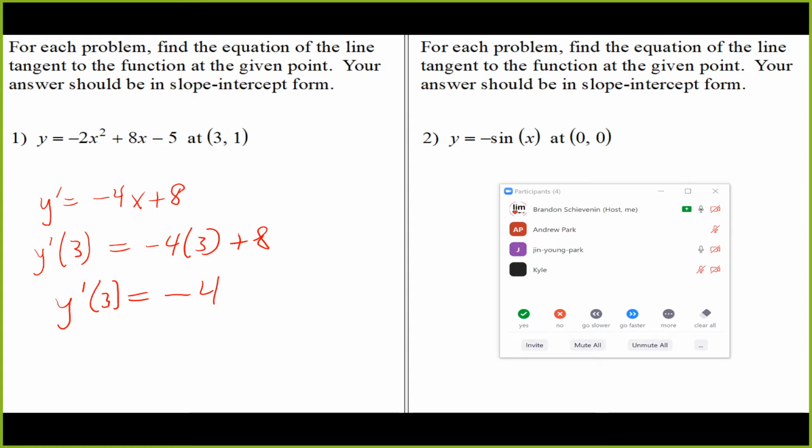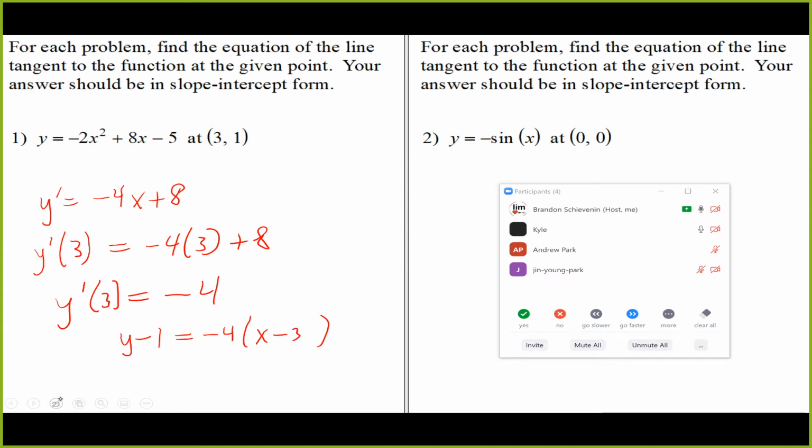So Kyle, we've got a point and we've got a slope. What can we write for our equation of the line? So y minus b, so that's y minus 1 is equal to negative 4 times x minus 3.